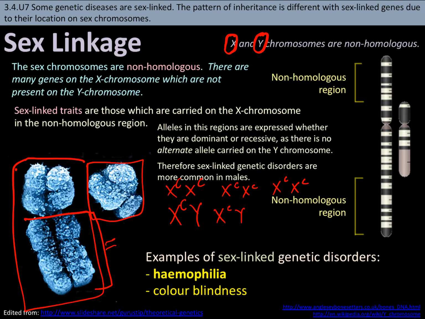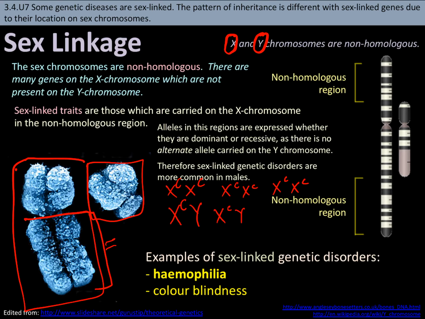So if that allele is recessive, it will be phenotypically expressed without the restriction of having another allele. When we say it's a recessive trait, it is expressed only when there are two alleles of the recessive trait.